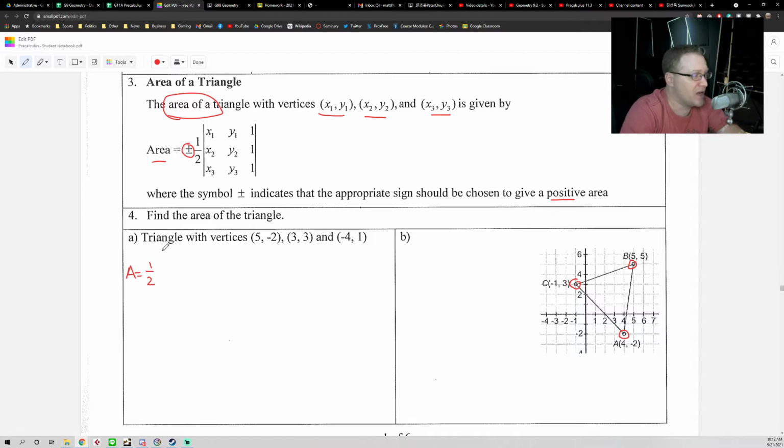Now we're going to build a matrix, and we're going to find the determinant. So I'm going to put 2 straight lines. That means the determinant of whatever we put inside here. We know that the last column, the third column here, is going to be 1, 1, 1.